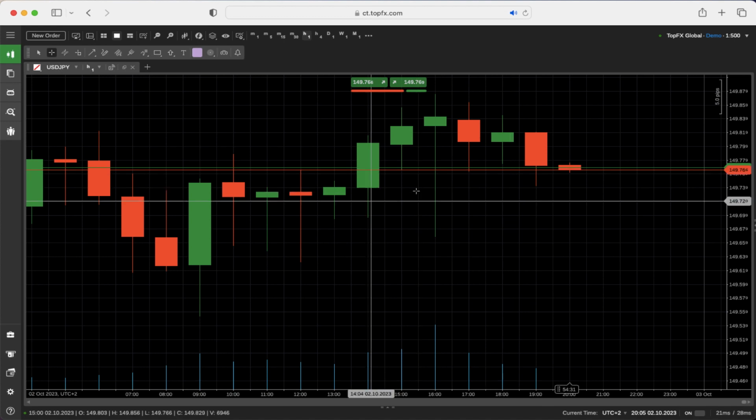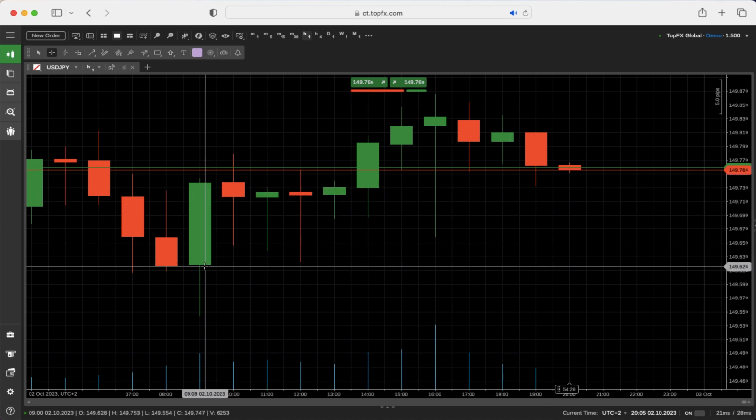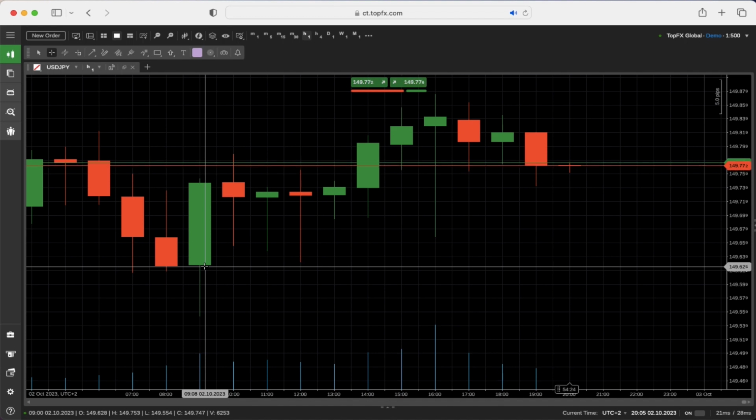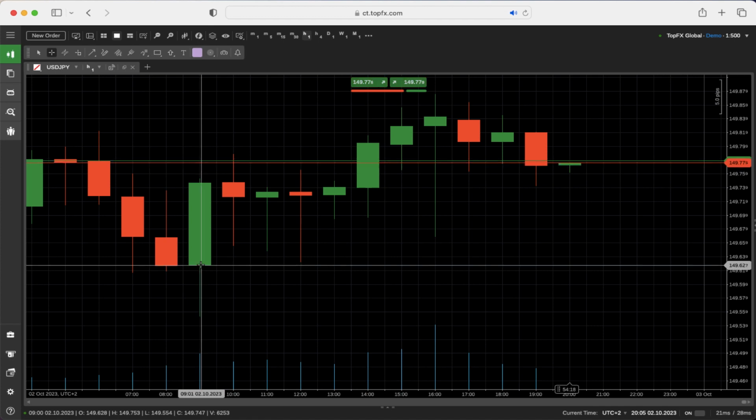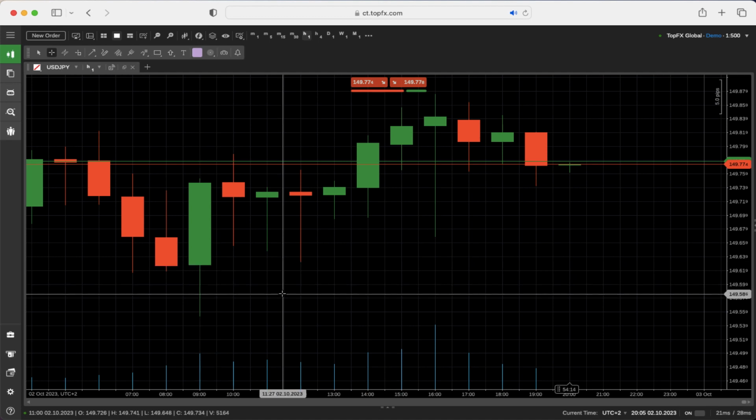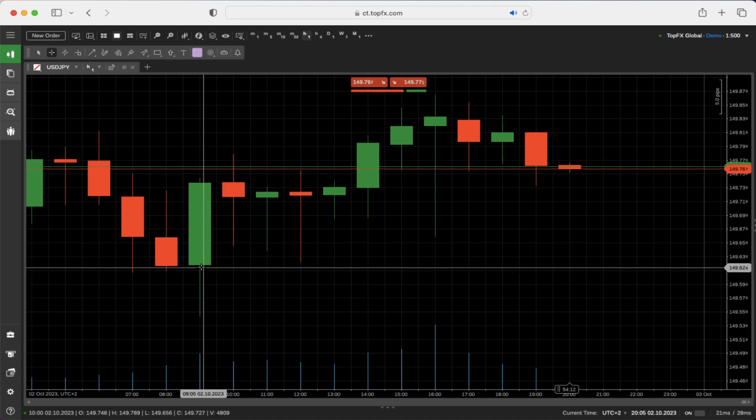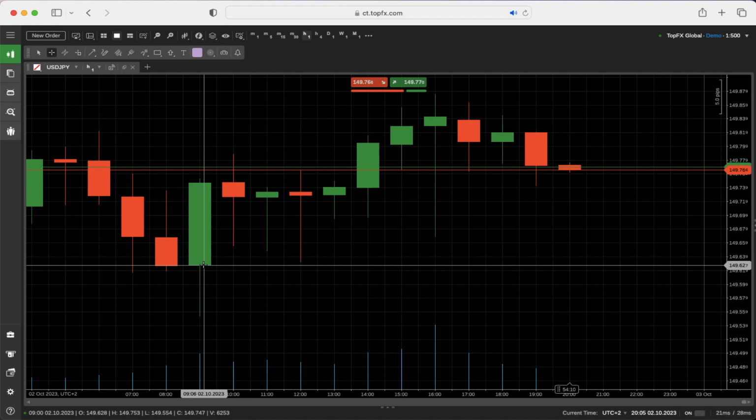Directly opposite candle is this one. This is still a 1 hour candle, which represents the 1 hour price movement. This one is from 9 o'clock to 10 o'clock in the morning. And during this hour, the market opened here at the level of 149.62.